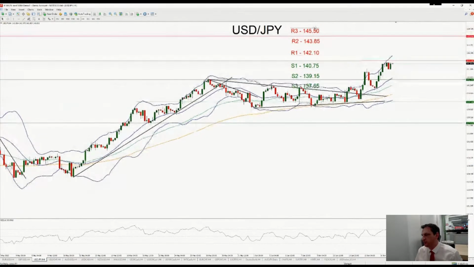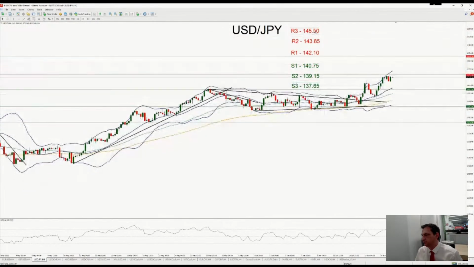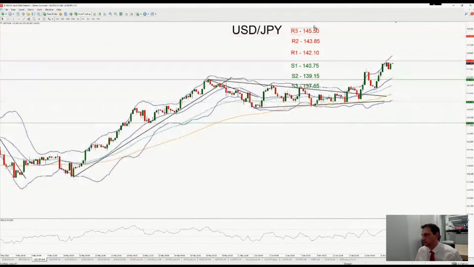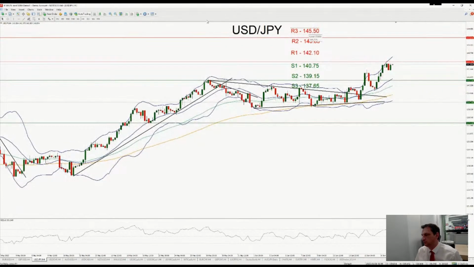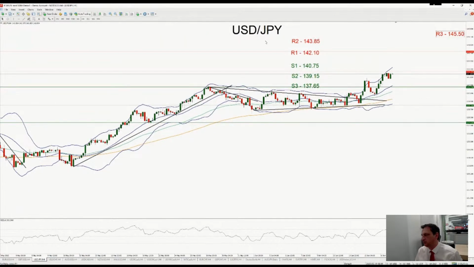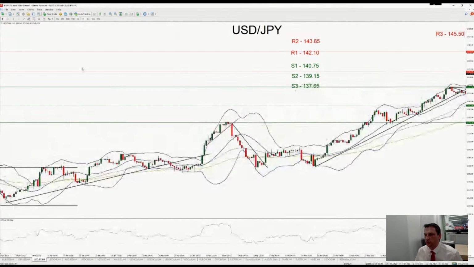Let's reposition the labels. Actually, we're going to be requiring a new ultimate resistance line. So let's zoom out a little bit. Unlock the chart. Going back.